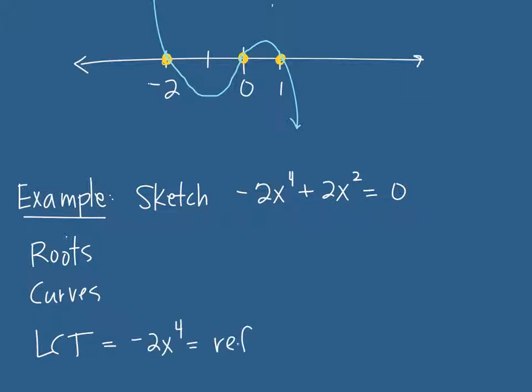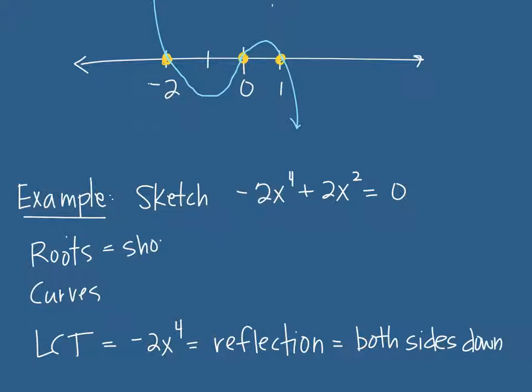That tells me that there is a reflection. And it also tells me both sides are down. I know that because it's a degree 4. I know that the roots should be 4 because of the degree, and I know the curves should be 3.